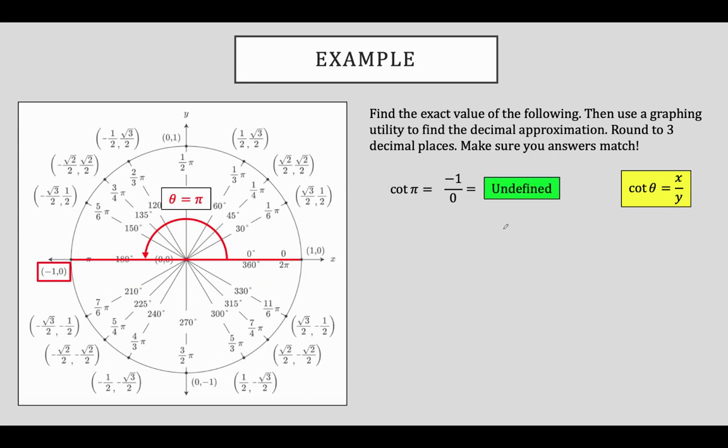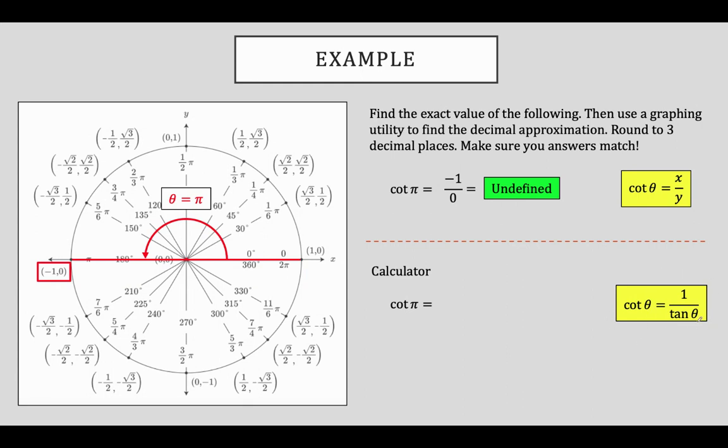Yes, anytime we divide by 0, we are going to be undefined. All right, so let's see what our calculator does with this one. One thing to make note of, cotangent of pi. If you're using a TI-84, you do not have a cotangent button on the calculator. However, we can use the fact that cotangent of theta is the reciprocal of tangent of theta.